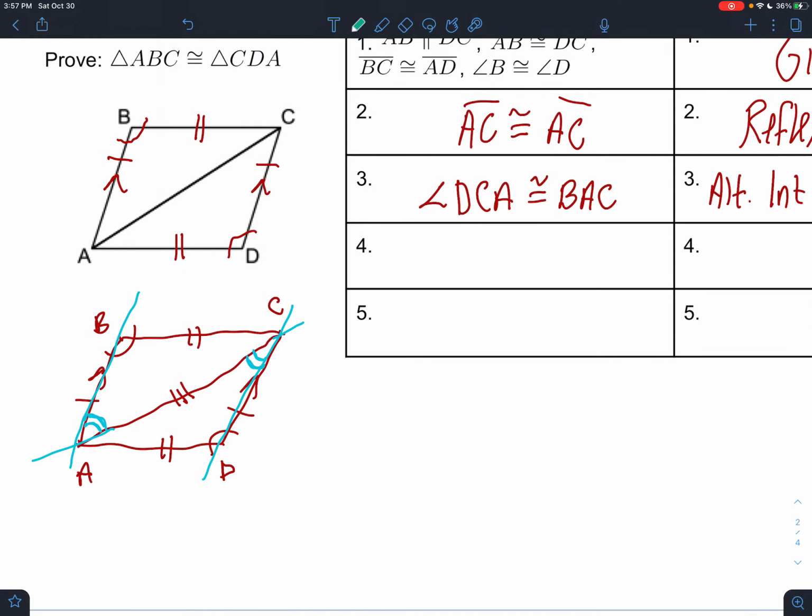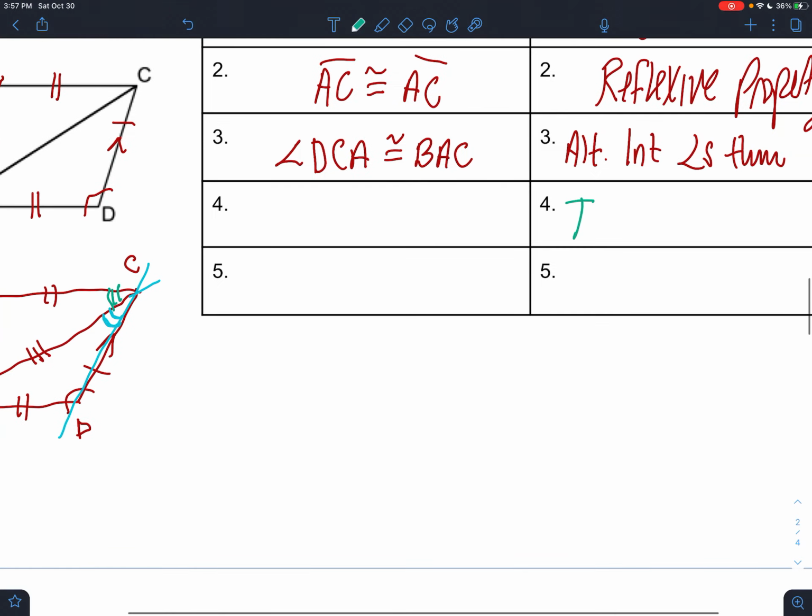But this next step, hey, we have 2 out of the 3 angles matching up. So what's really great is that we can just right away say that these match up too. And that's because of the third angle theorem.